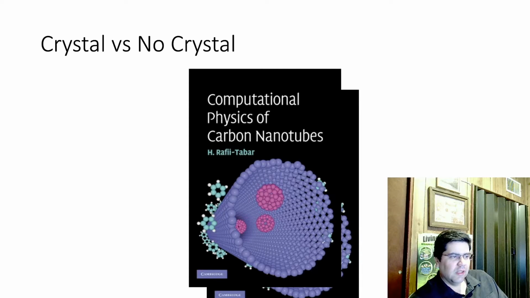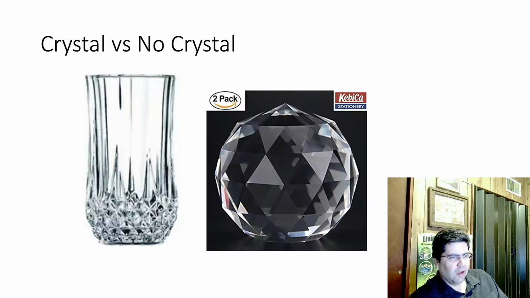Many nanoparticles go into that category, but they don't have all these properties. Another one is glass. Glass is not a crystal. Some people may look at this image and say this is a crystal, but no, this is more like an amorphous thing. It's not a solid, it's not a liquid, it's something in between.